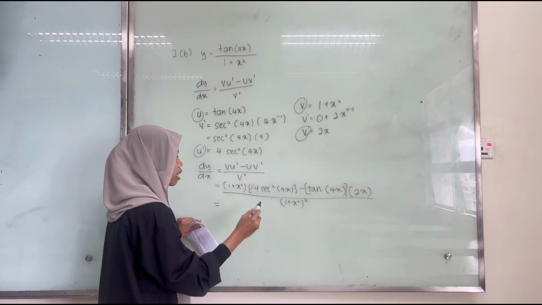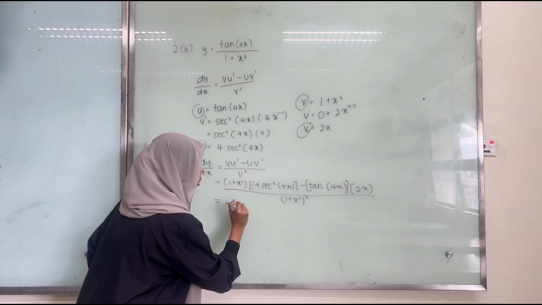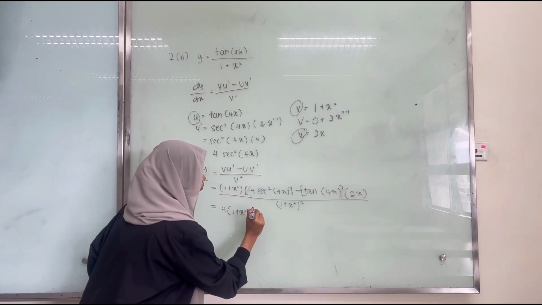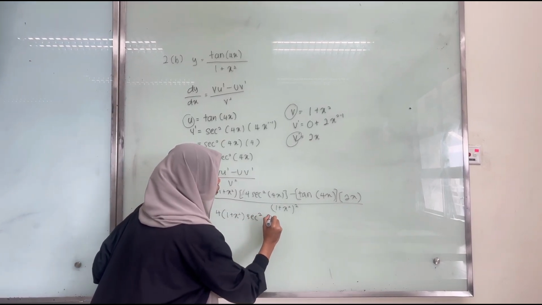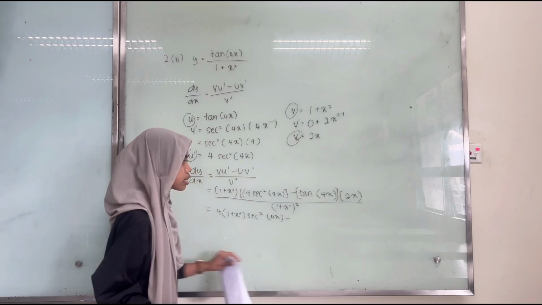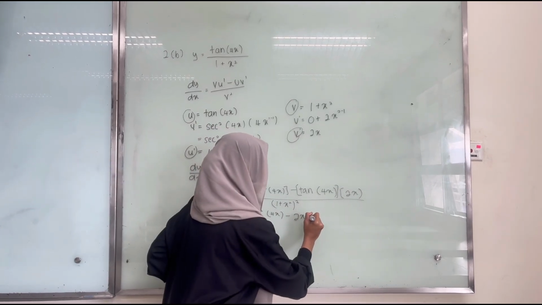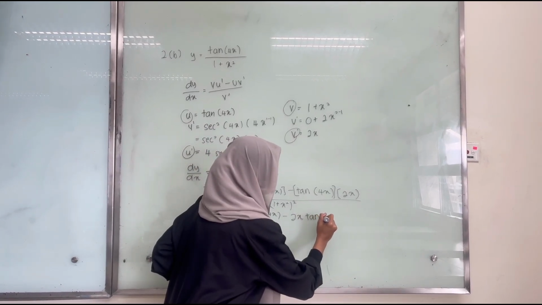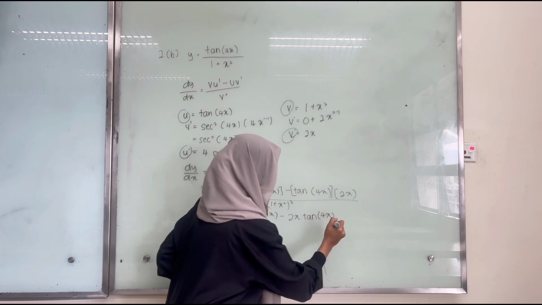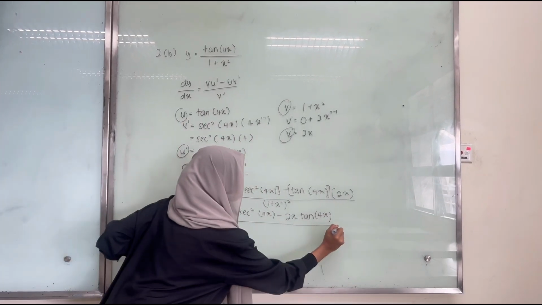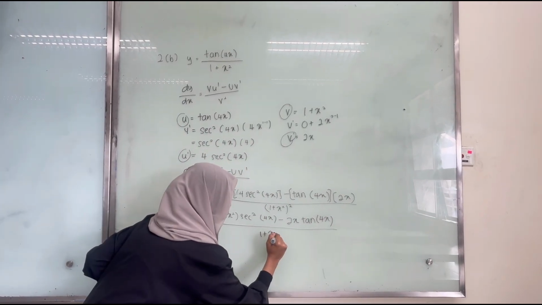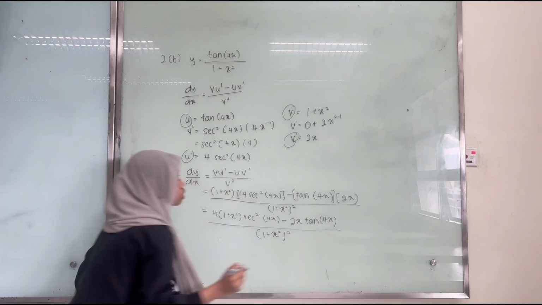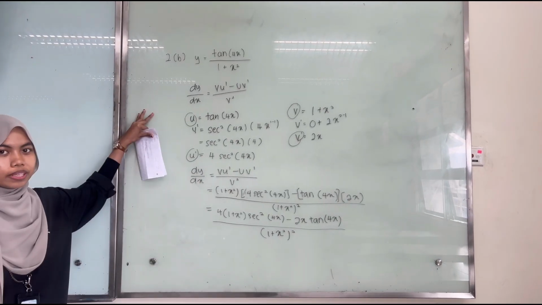If we expand this and simplify it, it will become 4(1 plus x squared) secant squared 4x minus 2x tan 4x. And then don't forget, divided by (1 plus x squared) squared. So this is our final answer for question 2b.